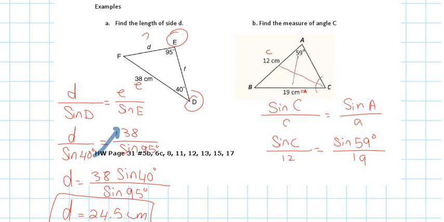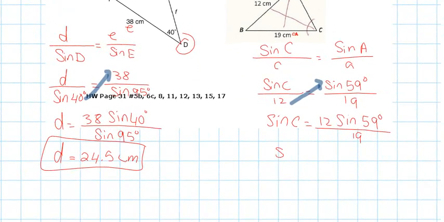So I have to multiply the 12 by the sine 59, and that gives me sine C. What do you get when you do this? Zero point 54137.